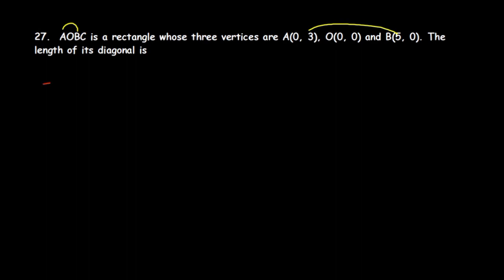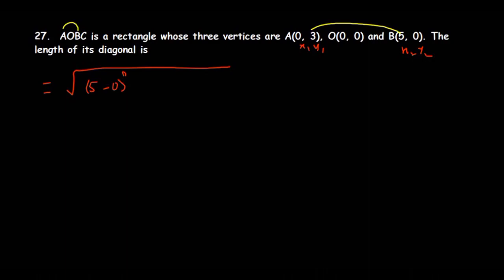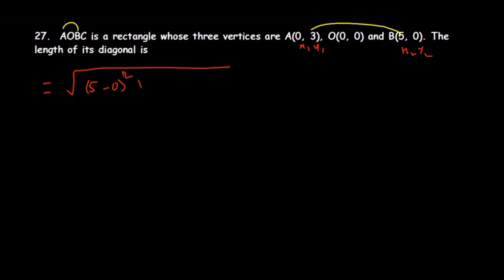So use the distance formula, that is root of (x2 minus x1) whole square plus (y2 minus y1) whole square. This is x1 y1 and x2 y2. So x2 minus x1, 5 minus 0, whole square, plus y2 minus y1, this is 0 minus 3 whole square.